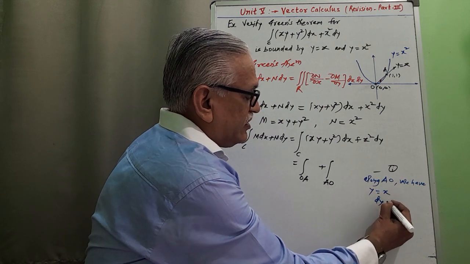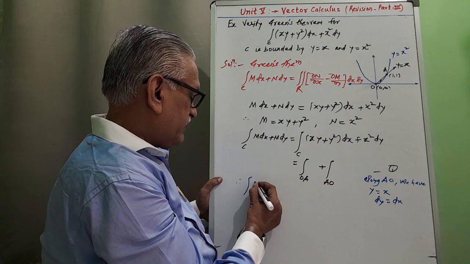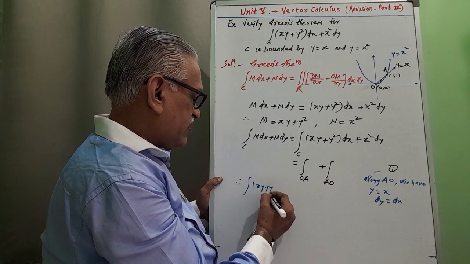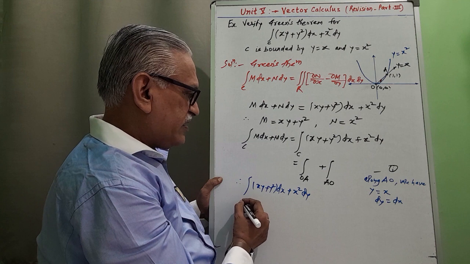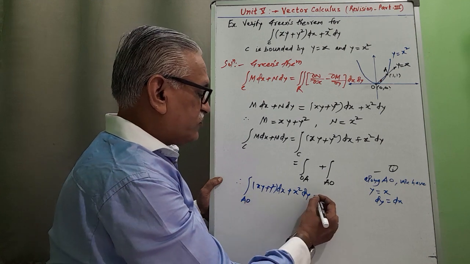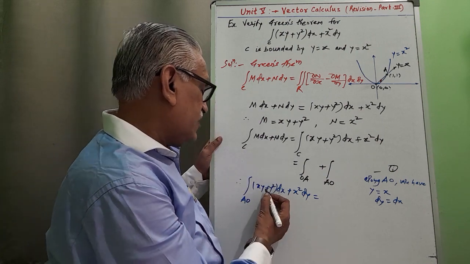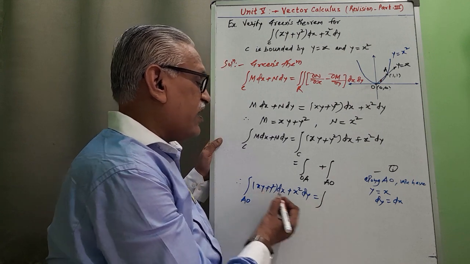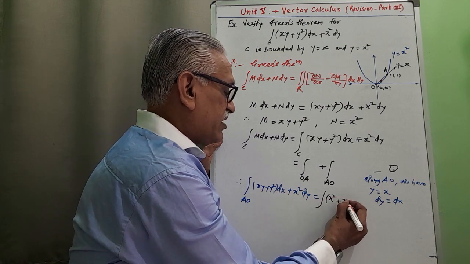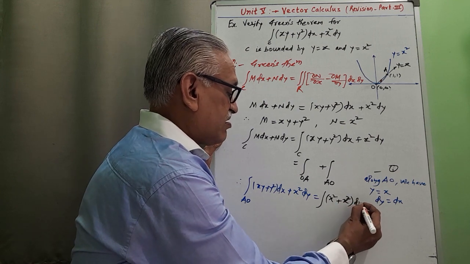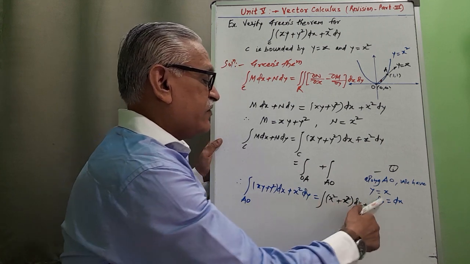Differentiating with respect to x, we get dy = dx. Therefore, the line integration of (xy + y²) dx + x² dy over the path AO is, substituting values, the integration of x into y, where y is x, so x·x = x², plus y², which is again x², dx, plus x² dy, where dy is dx.